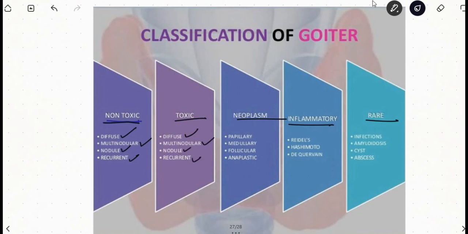In neoplasm, there are 4 types: papillary, medullary, follicular, anaplastic. And in inflammatory type, it's Riedel, Hashimoto, de Quervain. And in rare type, infectious, amyloidosis, cyst or abscess.